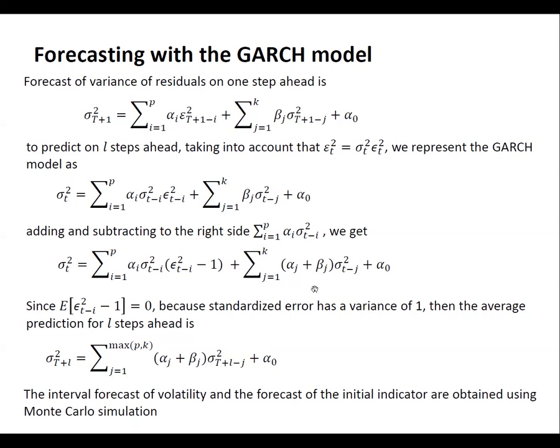Here we have alpha plus beta multiplied by the lagged variance. And what goes here with a minus? Alpha, the one with the lag, sigma with lag i, is taken out of brackets, and here we have the standardized error squared minus 1.